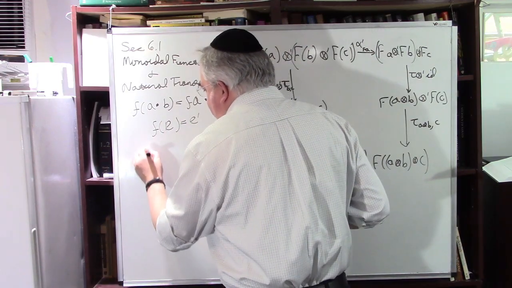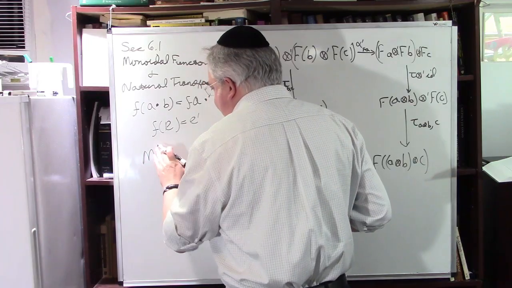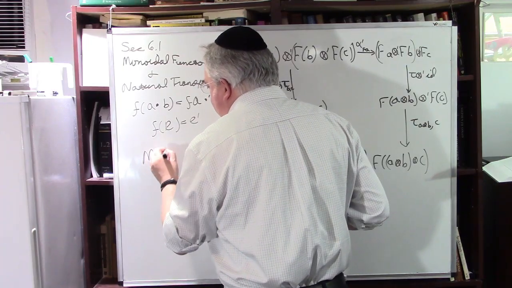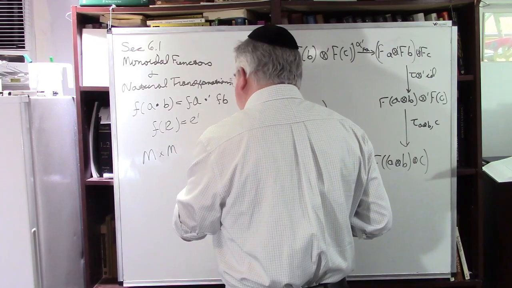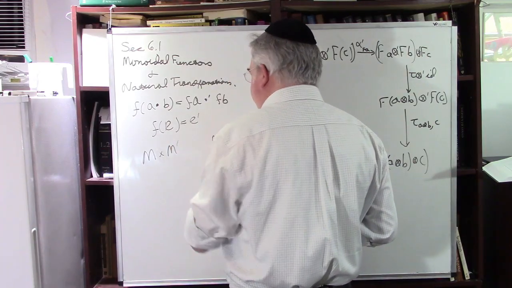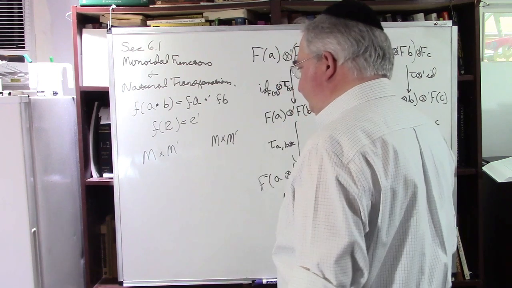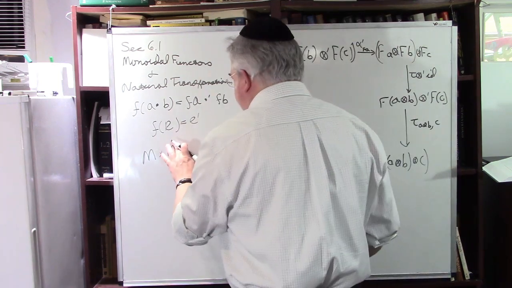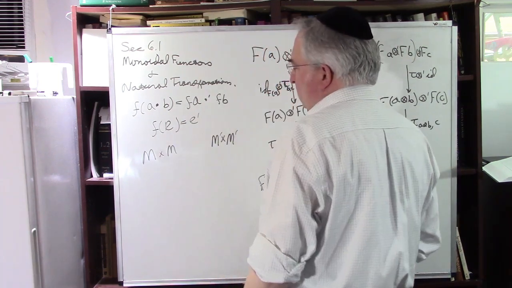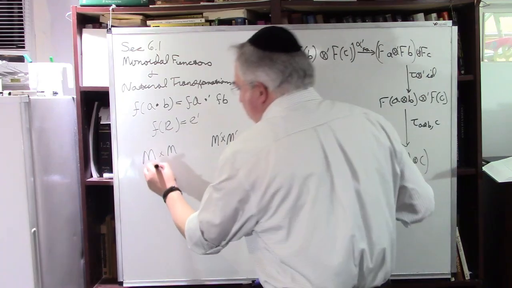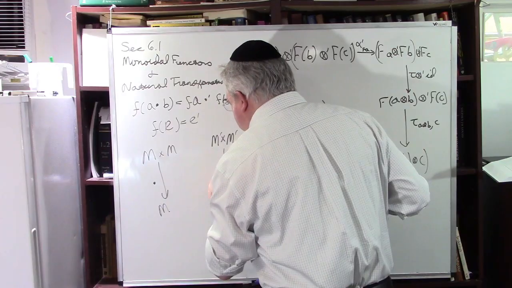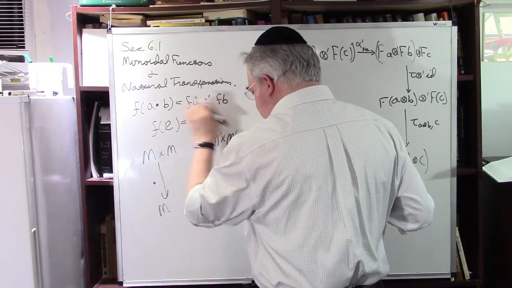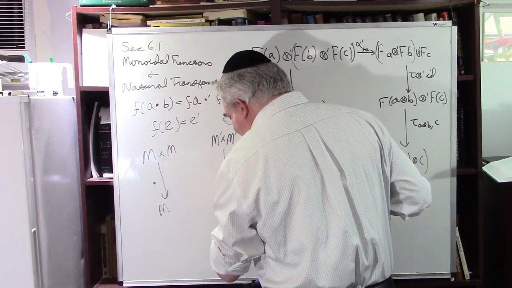So this is basically M times M. I'm drawing the top one as a commutative diagram.